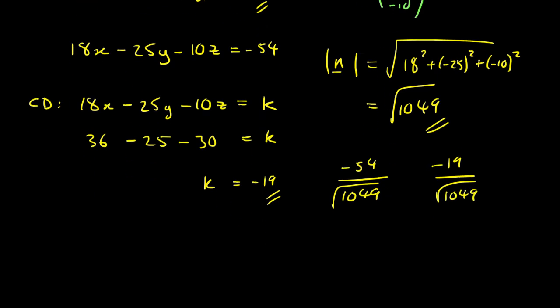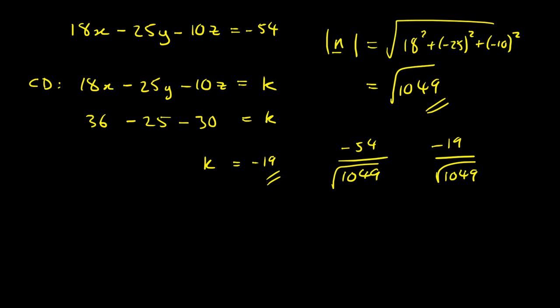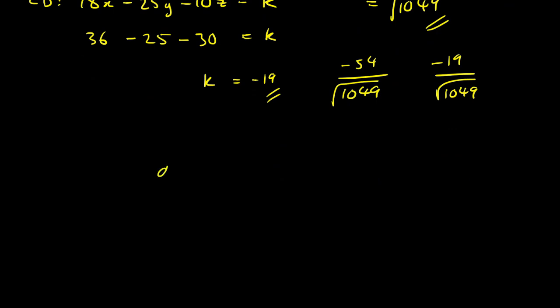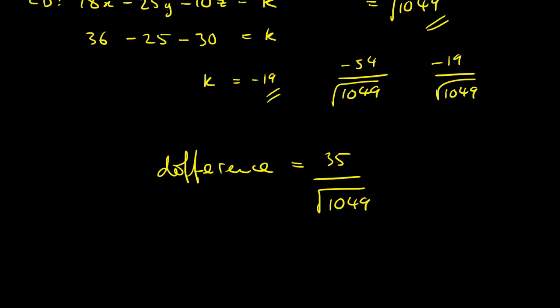Well, what's the difference between these two? What's the difference between negative 54 and negative 19? It's 35, right? So the difference between those two is equal to 35 over the square root of 1049, which is the same thing as the answer we got in the previous part.